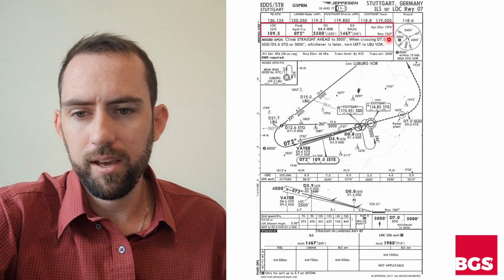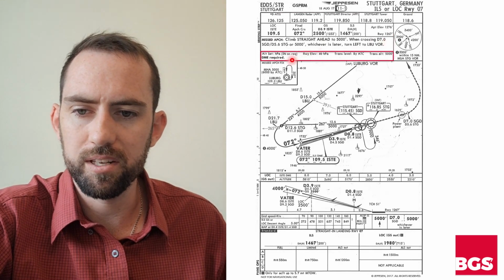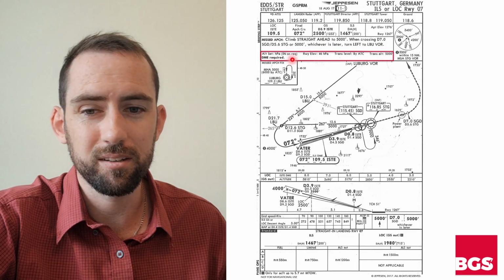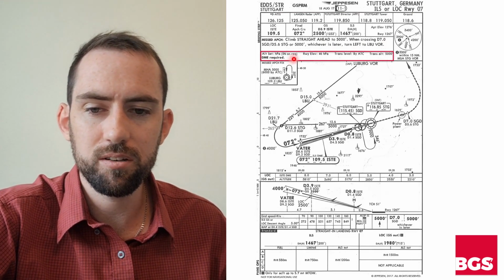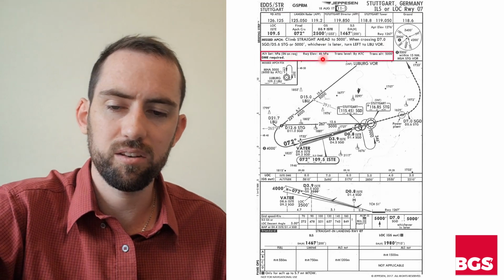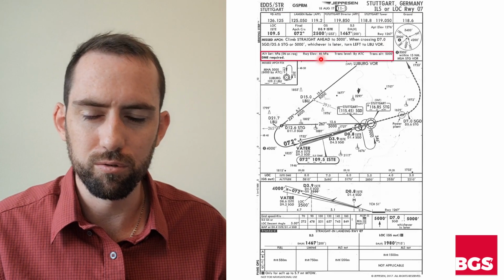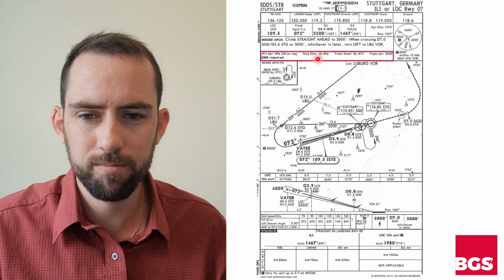Okay, moving on from there. We've got another little section which says our altimeter setting will be in hectopascals, but you can have that in inches if you require it. The runway elevation is 46 hectopascals. That's basically just to help you to make conversions between QFE and QNH.